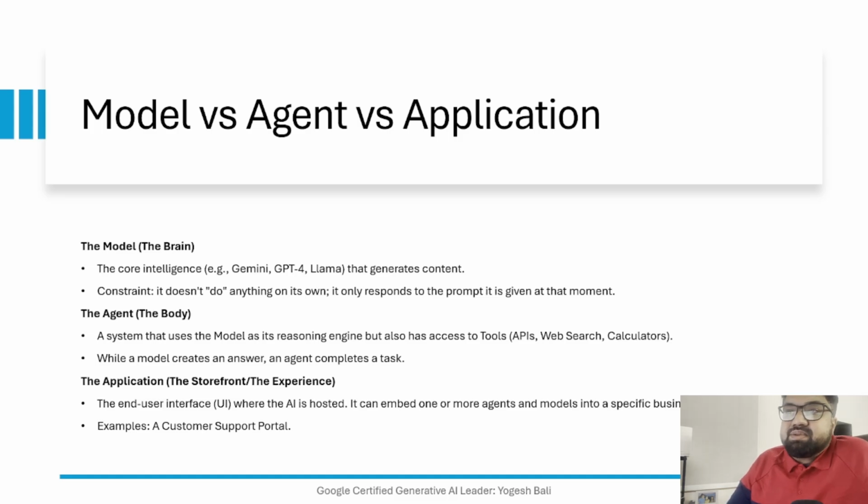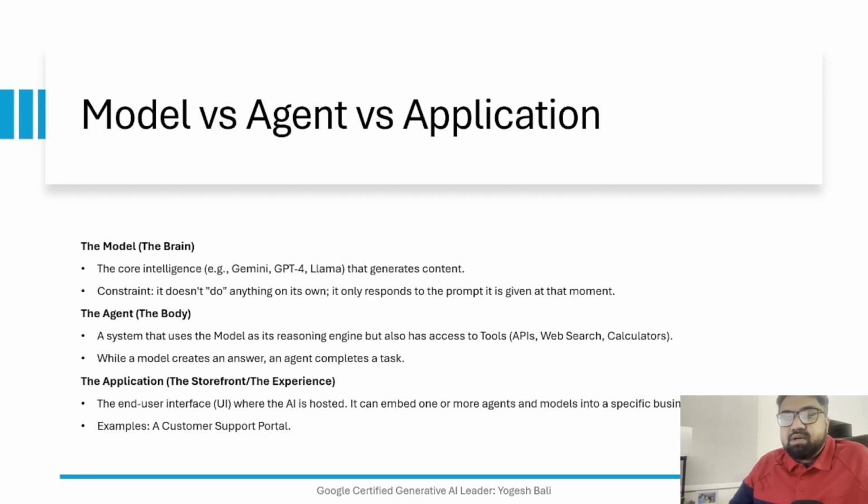If we need to see the difference between a model, an agent, and an application: the model is the brain, the core intelligence that generates content. The model's goal is to generate content. The agent's goal is to achieve some goal. To achieve that goal, it uses a reasoning loop, it uses tools, and it uses the brain, that is the AI model. And the application is the user interface.